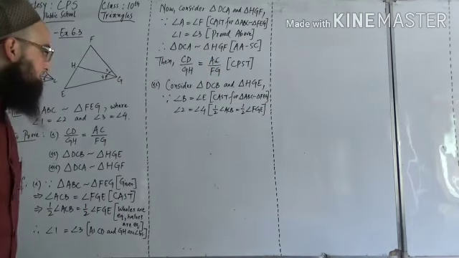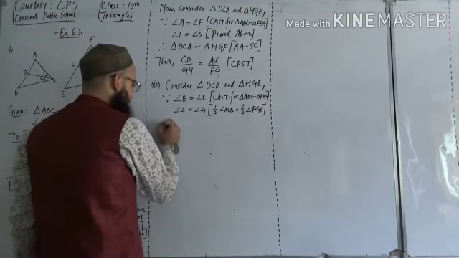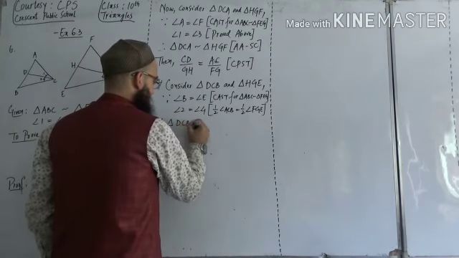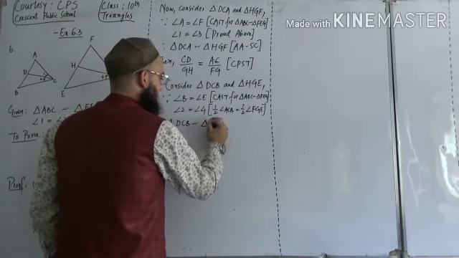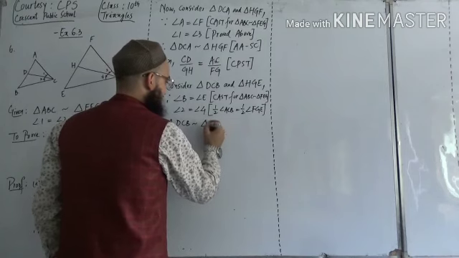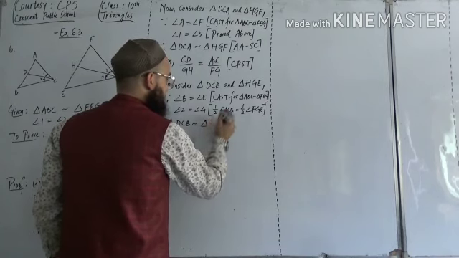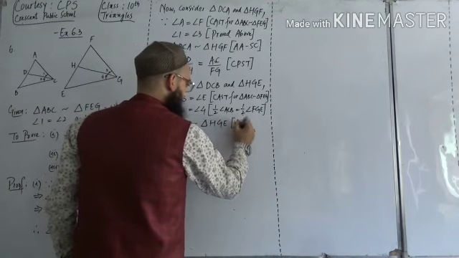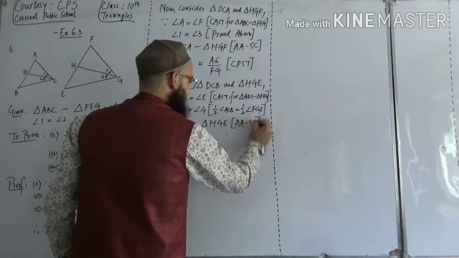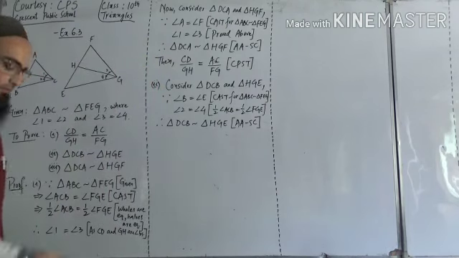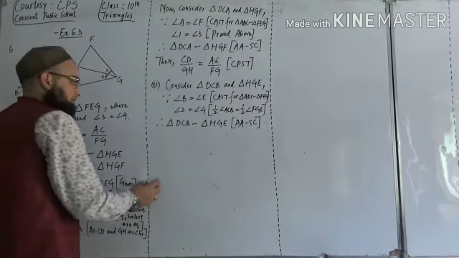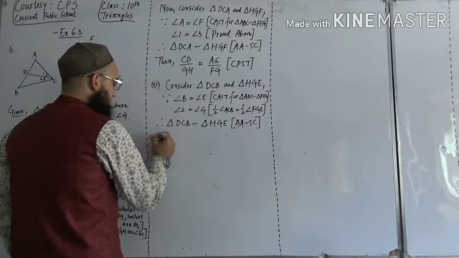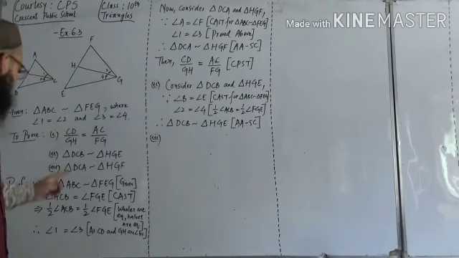Got that one? Therefore, triangle DCB is similar to triangle HGE, again by the angle-angle similarity criterion. Got it? So you are done with part number 2 as well.